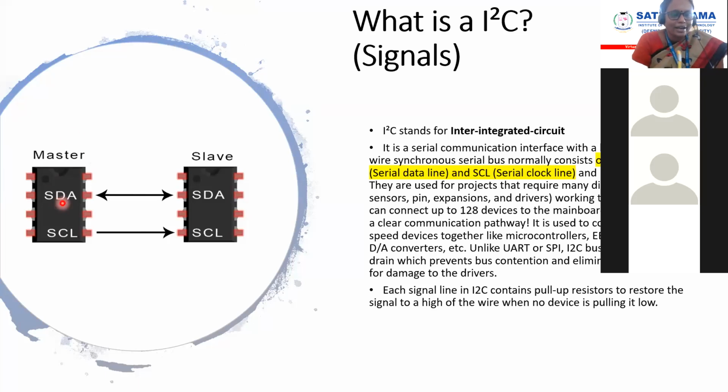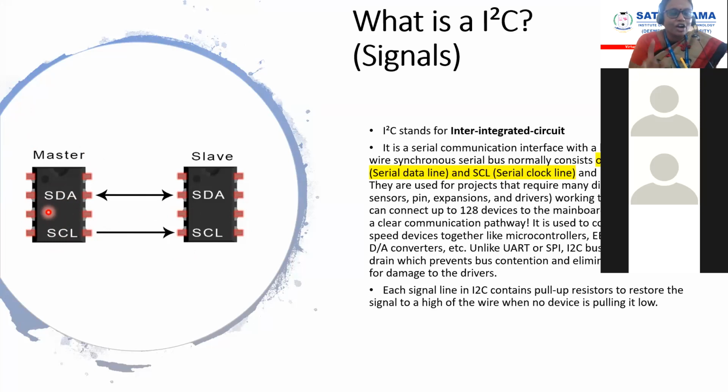I2C has only two lines. What are they? SDA, a very important point, and SCL. SDA is the serial data line, and SCL is the serial clock line.